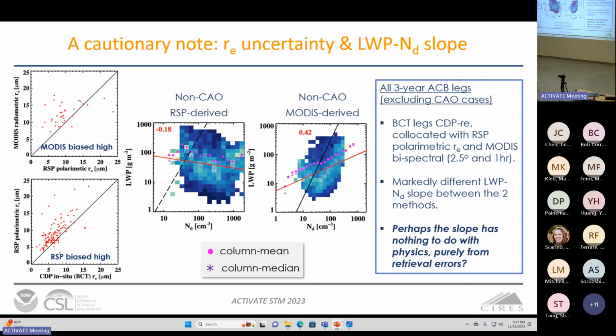We have used a number of observations, and the data that so far I like the most is the RSP particle size. It's not only because Brian is here, but because it has shown us a great comparison. When we compare the RSP against MODIS or other geostationary satellites for different field campaigns, for ORACLES, NAMMA, ACTIVATE, to name a few, we still obtain a positive bias in the satellite cloud effective radius.